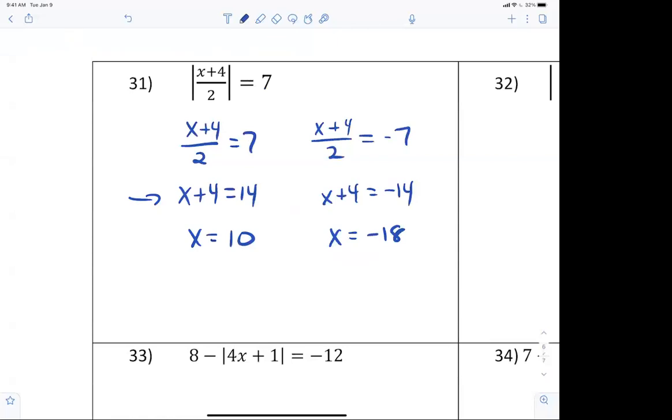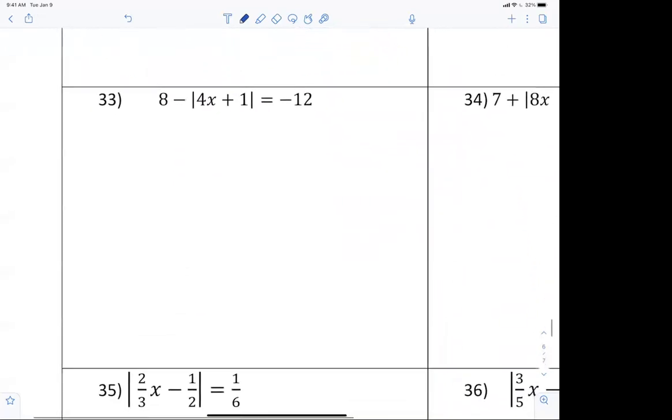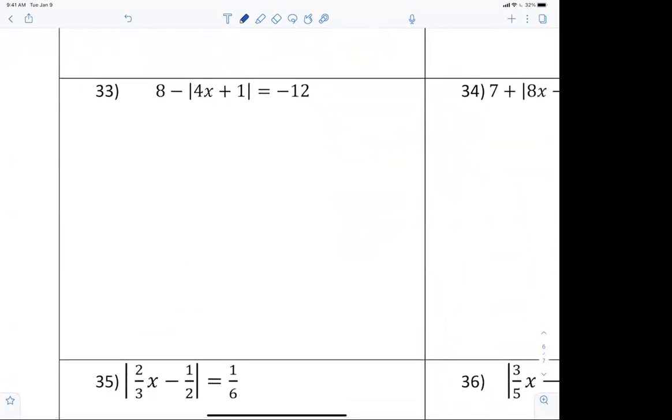All right, here we go. Let's take a look at 33. Now, 33, a lot of people make the mistake and say it's no solution, but there's a negative hidden right here. You got to be careful. So now negative absolute value of 4x plus 1 equals negative 20. Does everybody see that? The negative in front of the absolute value means change the sign. So now I have absolute value of 4x plus 1 equals 20.